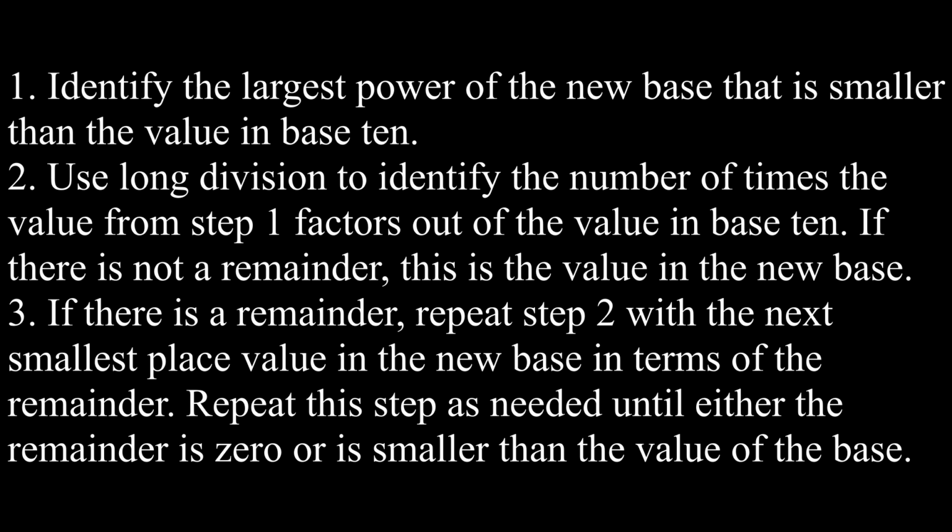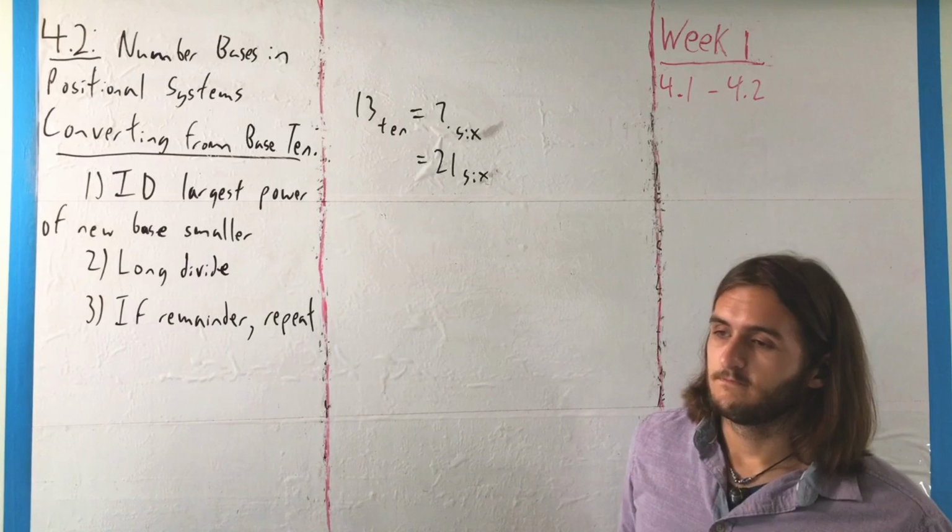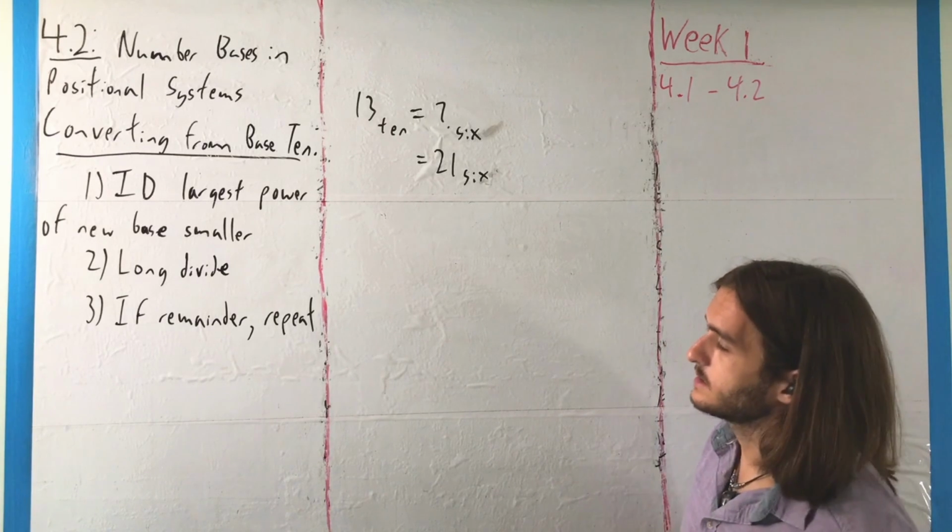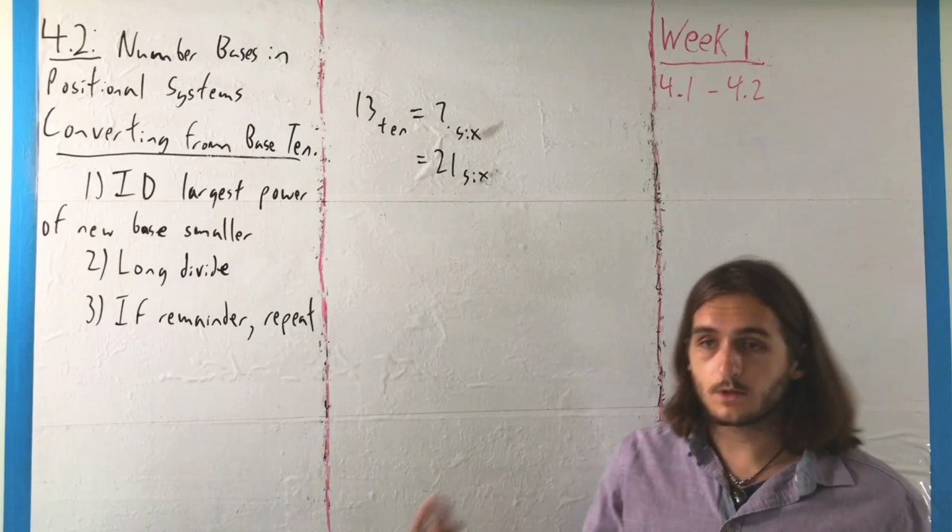That value is going to be your new digit, and if there's no remainder, then hey, you did it. You got really lucky. That does happen sometimes, that you have a thing that is a multiple of a power of the base, to be very specific, and there's not a ton of work, but usually that long division will leave a remainder.